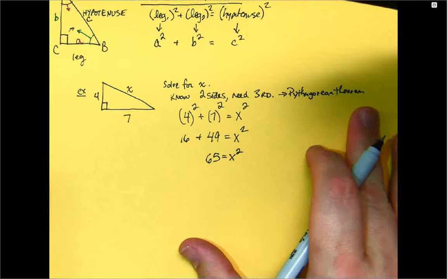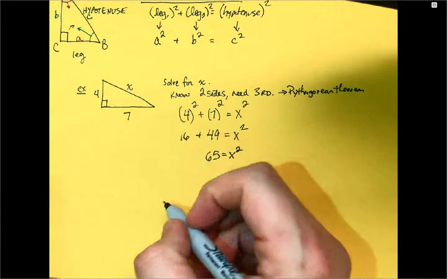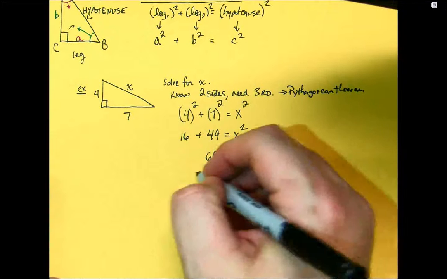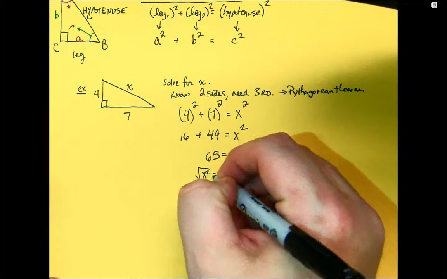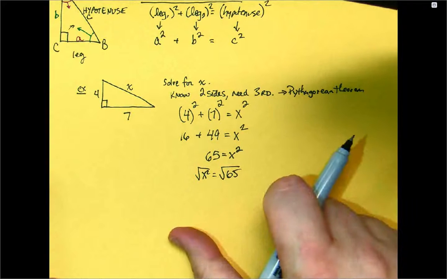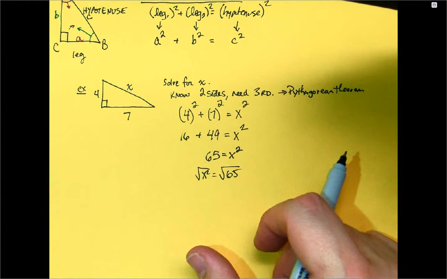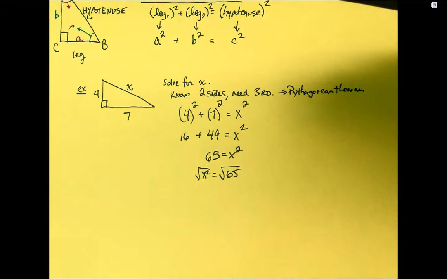Alright, do I want x squared or do I want x? I want x. So I need the square root of x squared, which would be equal to the square root of 65. Now, personally, it doesn't matter to me if you reduce it or not. However, I want you to get into the habit of simplifying radicals.